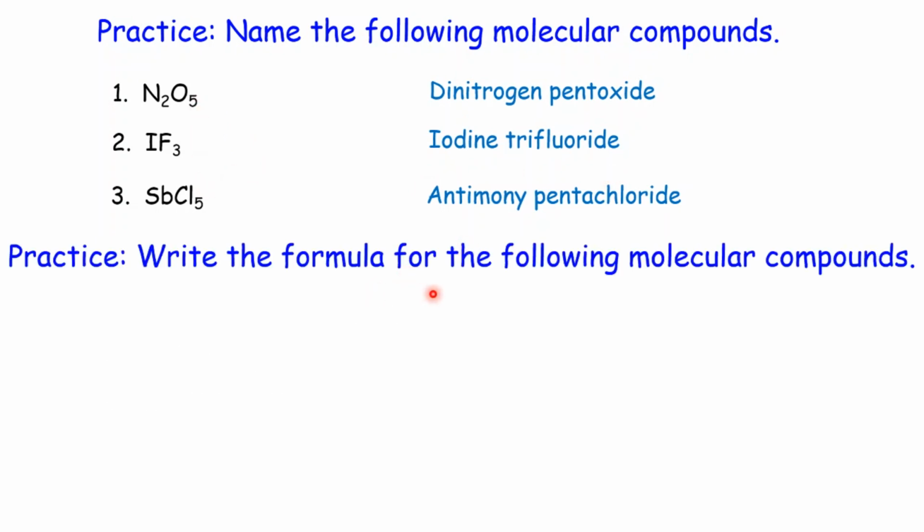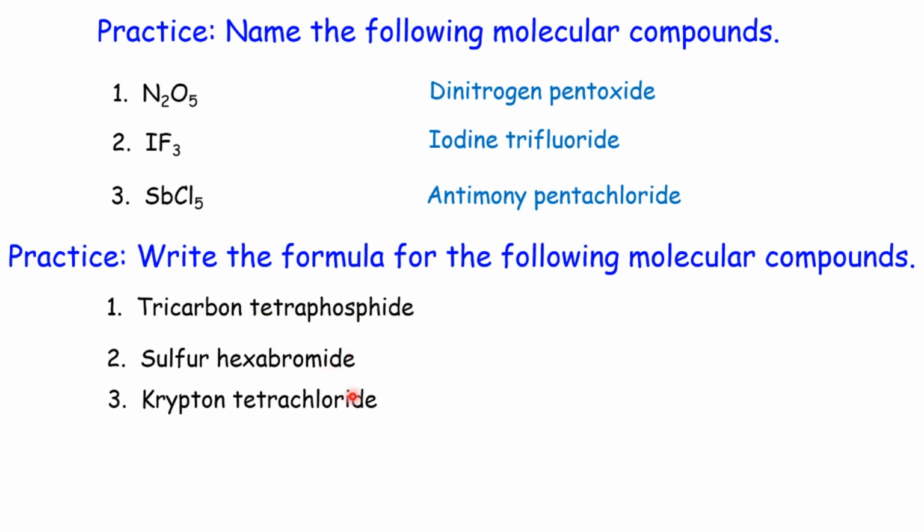And now, from names to formulas. Tricarbon tetraphosphide. Tricarbon, which means 3 carbon, C3. Tetra means 4. Phosphide comes from phosphorus, so therefore it should be C3P4. Sulfur hexabromide.